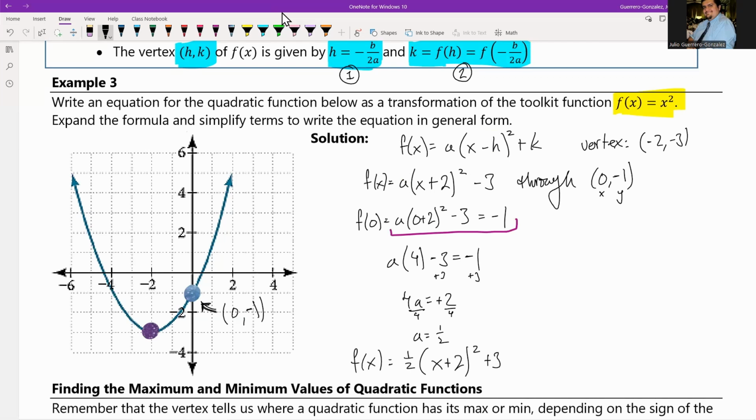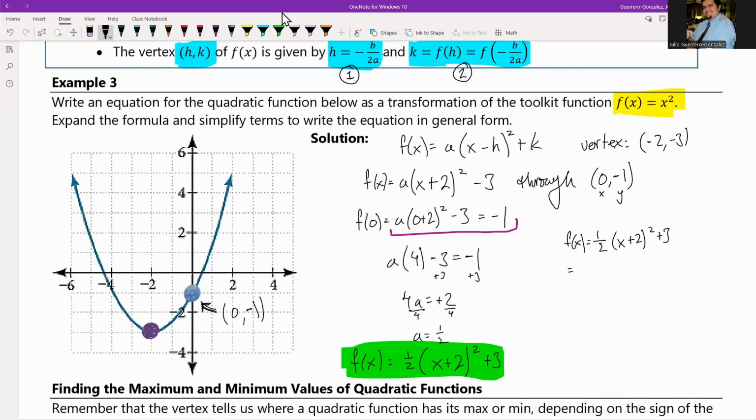Okay, now this equation is in standard form. Just to show you guys, let me do f of x is equal to 1/2 (x plus 2) squared plus 3.